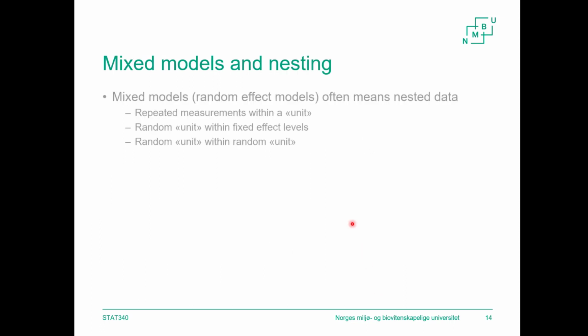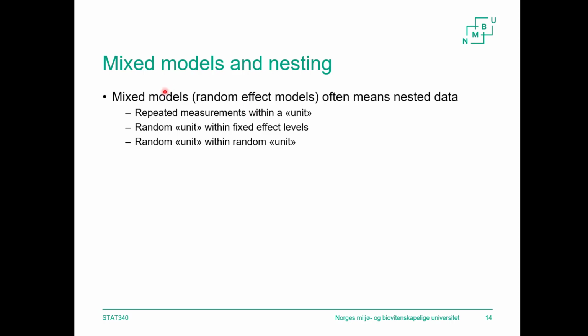Mixed models and nesting. So in mixed models, or in data sets that require mixed models, you could say there are also often data sets with some nesting. Mixed models or random effect models mean nested data in the sense that repeated measurements within a unit are always nested within that unit.